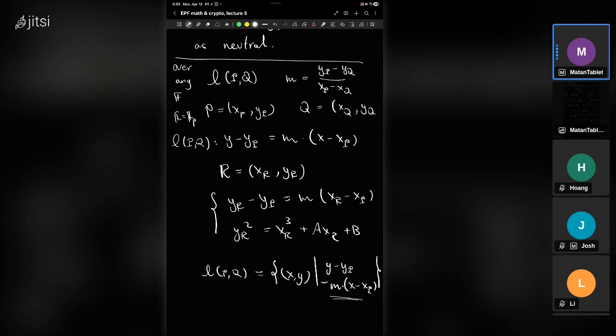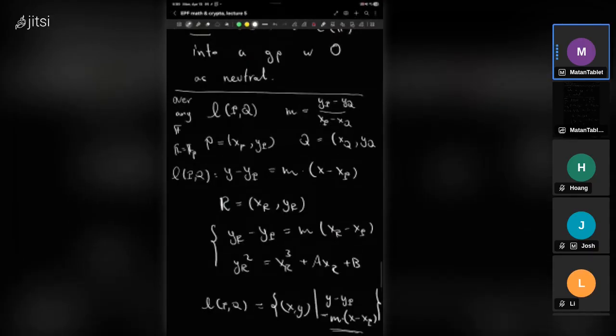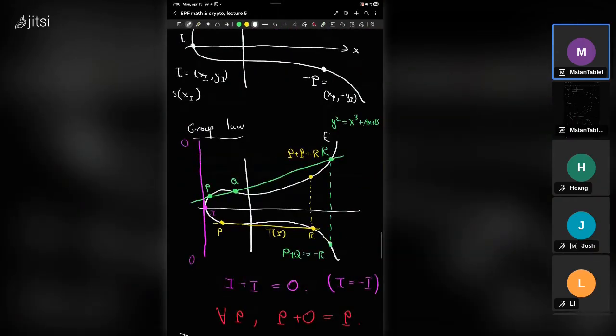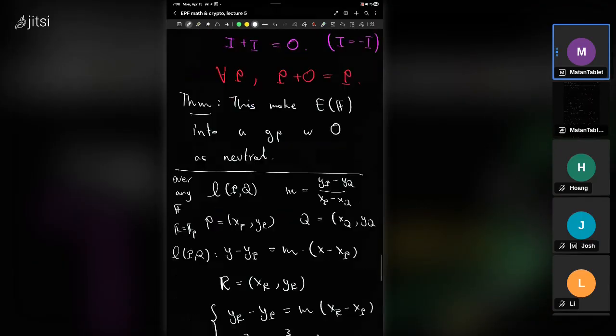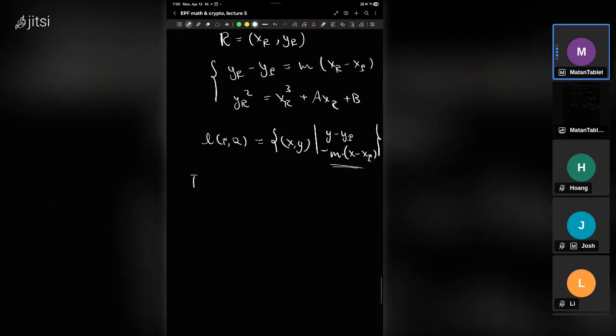The same goes for a tangent line. This requires a little bit of calculus if you want to understand the general case.